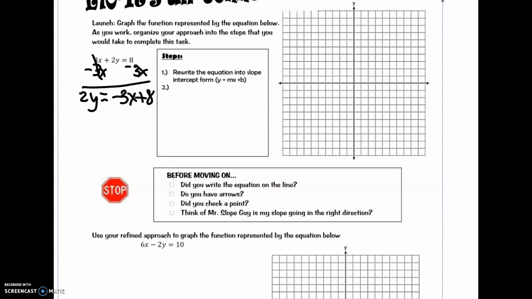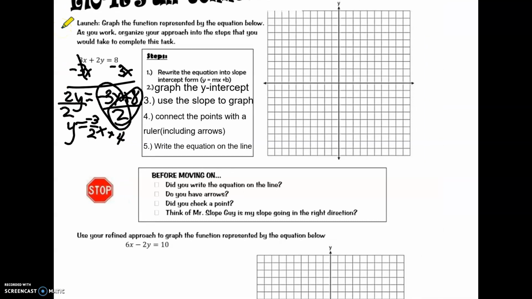From here, I'm very close to having y by itself, so I'm very close to slope-intercept form. So from here, I'm going to divide by 2. And remember, when we divide by 2, we need to divide all terms on this side by 2. So -3x divided by 2 is going to give me -3/2 x, and 8 divided by 2 is going to give me 4.